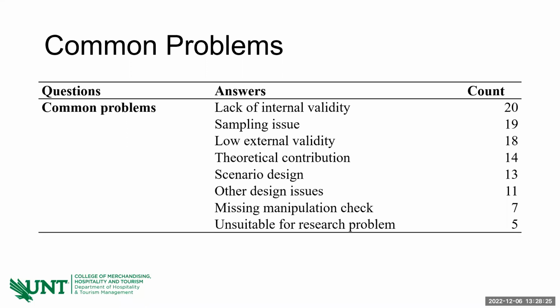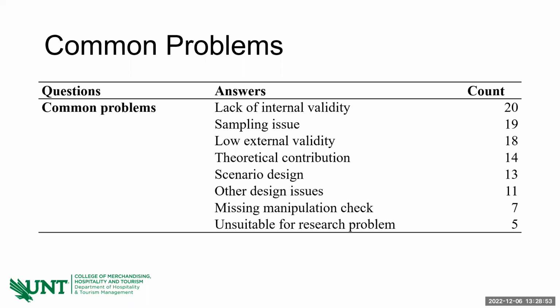Sampling issue is also one thing they mention a lot. And external validity is also mentioned, which can be solved by multiple experiments. If you conduct 3-4 experiments with different samples and different scenario designs, that will help your results generalize.